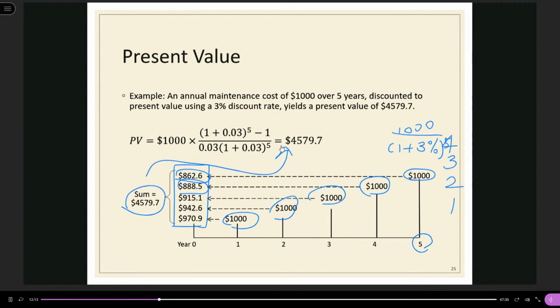Just the same numbers. So we may use this equation to calculate the present value of recurring costs, the costs that happen every year.